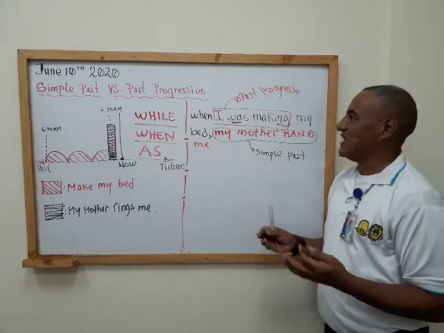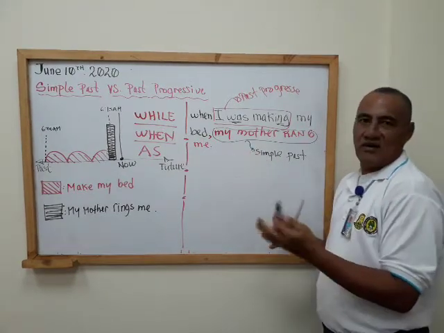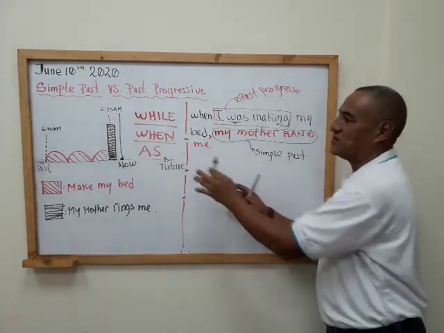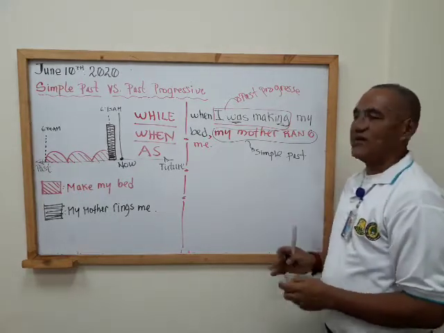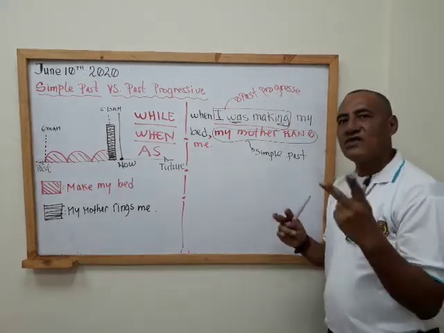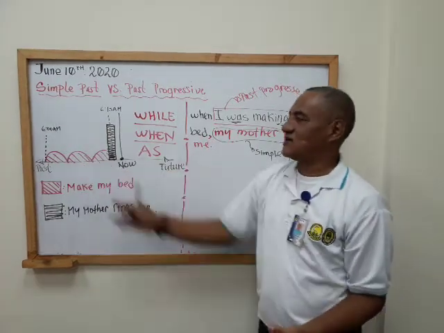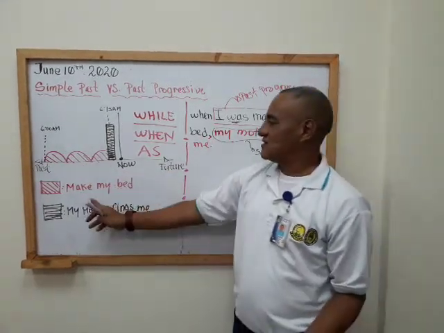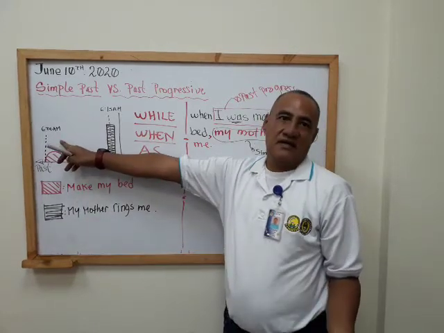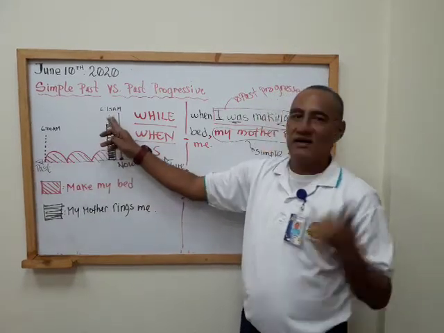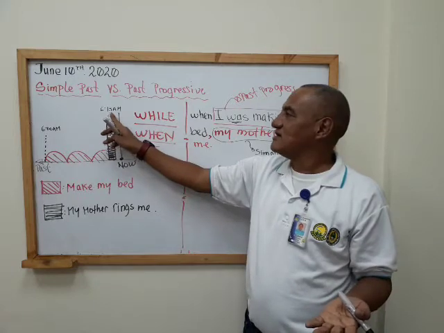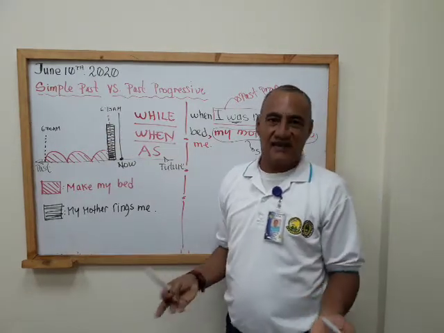So to analyze this or not get mistaken when you are going to put those ideas together, we have to analyze which of the two activities happened first. So look at this, which of the two happened first? So make the bed, of course, it happened at 6 a.m. My mother called me 15 minutes later at 6:15.